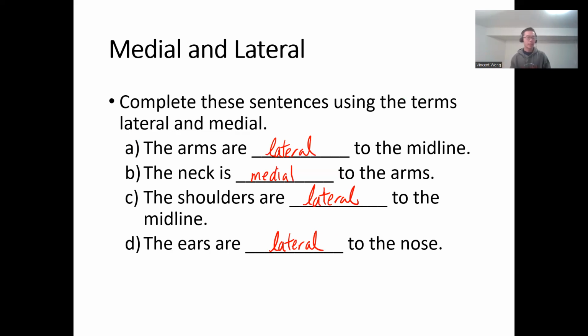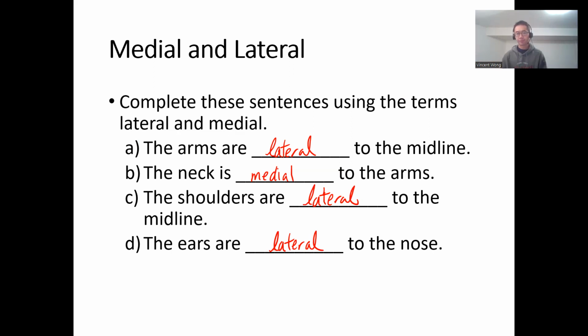Can somebody give me another example of two structures relative to each other using these terms? Anybody? Anything at all? The eyebrow, okay.